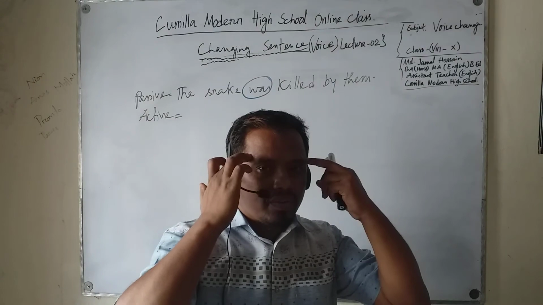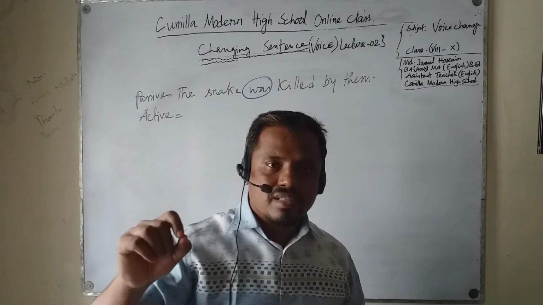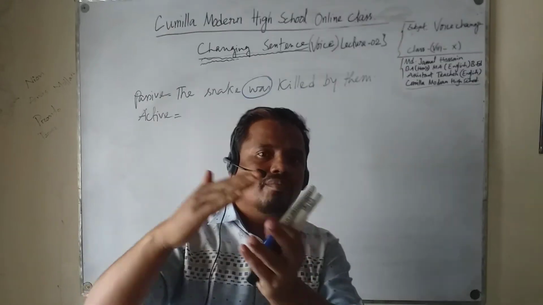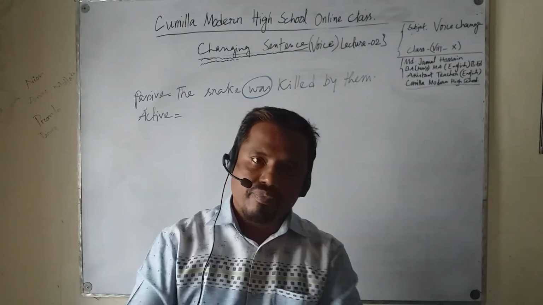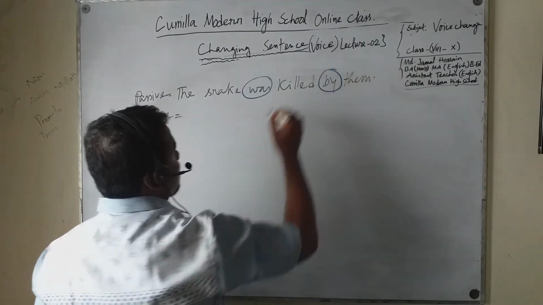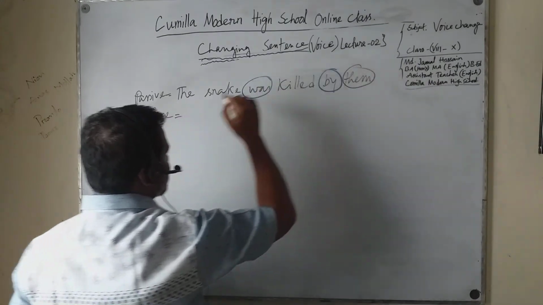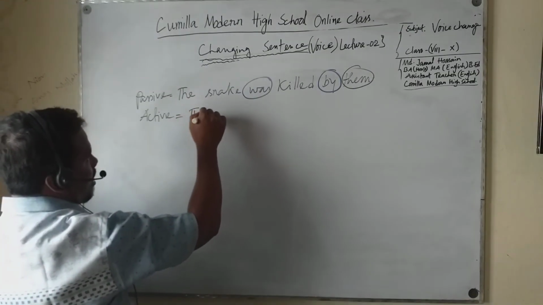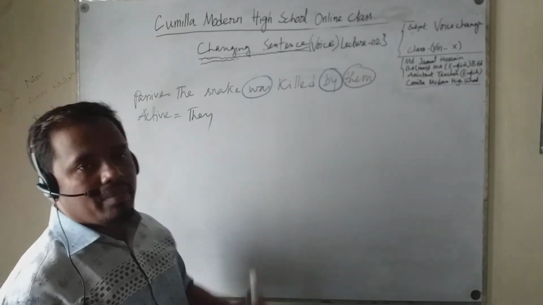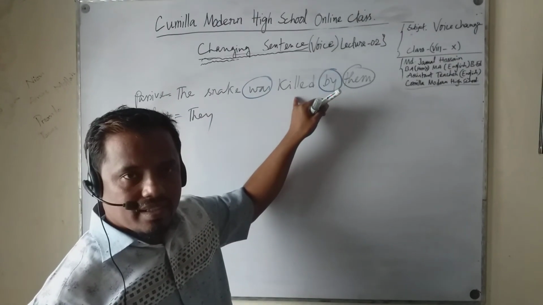Now think about the structure of the sentence of simple past tense: subject plus V2 plus object plus extension. Okay, so that's why, and this is the preposition. Now them is the object and it will be subject. They, as I mentioned, and you also know that it is in the simple past tense.